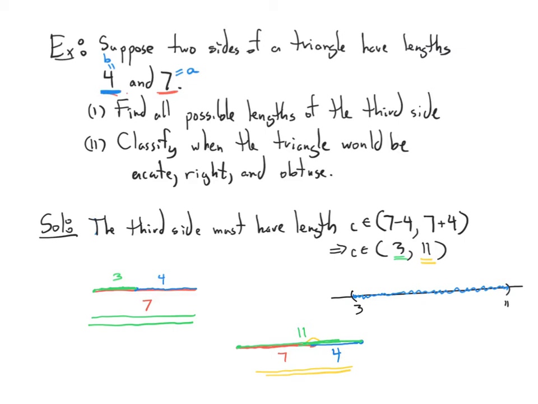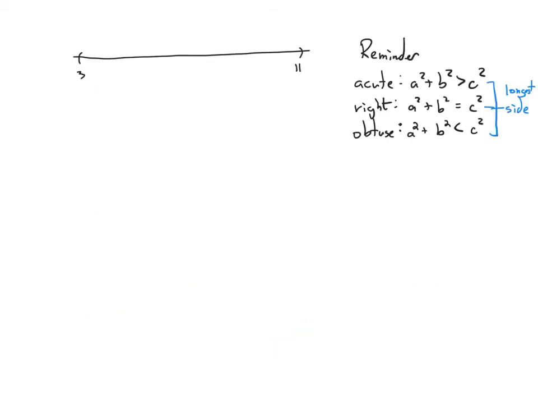Okay, let's go on to the next slide, and let's try to classify when the triangle would be acute, right, or obtuse. All right, so our possible lengths are in this interval from 3 to 11, so I just marked it here. These are our possible lengths.